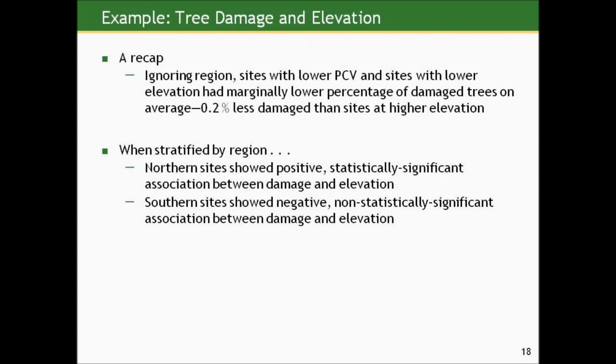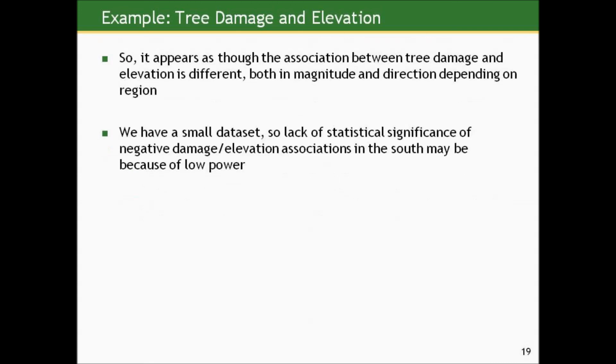Interesting. Let's just recap. When we just started and we ignored region, we pretty much saw no association between percentage of damaged trees and elevation. But when we stratified by region, the northern sites showed a positive, statistically significant association between damage and elevation. And the southern sites showed a negative, non-statistically significant association between damage and elevation.